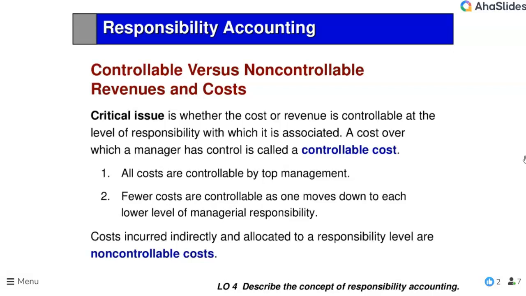So when we look at evaluating a manager, we have to distinguish those costs which you as a manager have control over. We simply call them controllable costs. And controllable costs are all costs controlled by the manager. Now, at the senior level, all the costs in the company are the responsibility of the senior management. As you go down, fewer costs are controllable. All right, so the level of your responsibility.